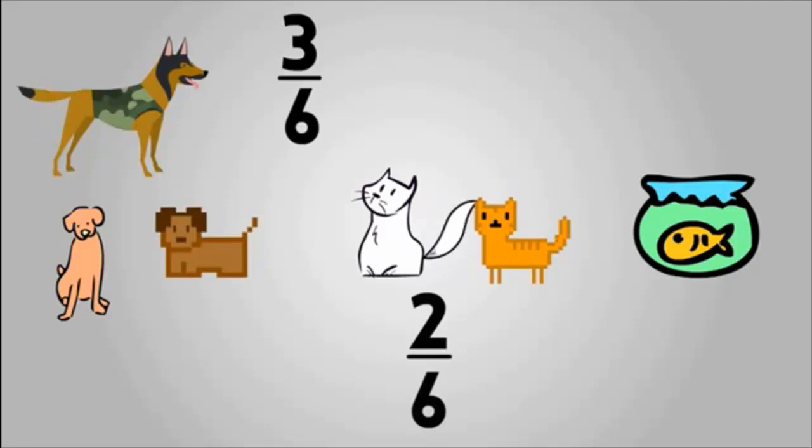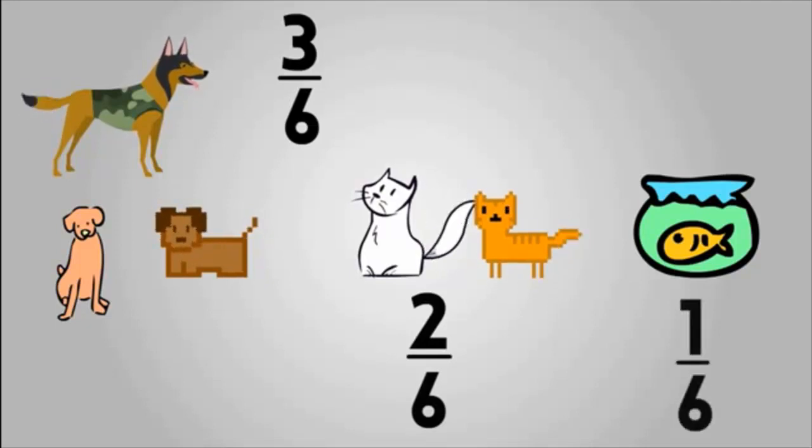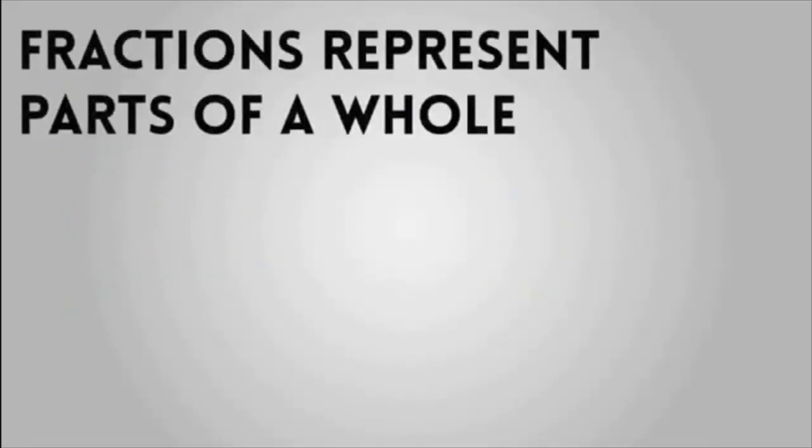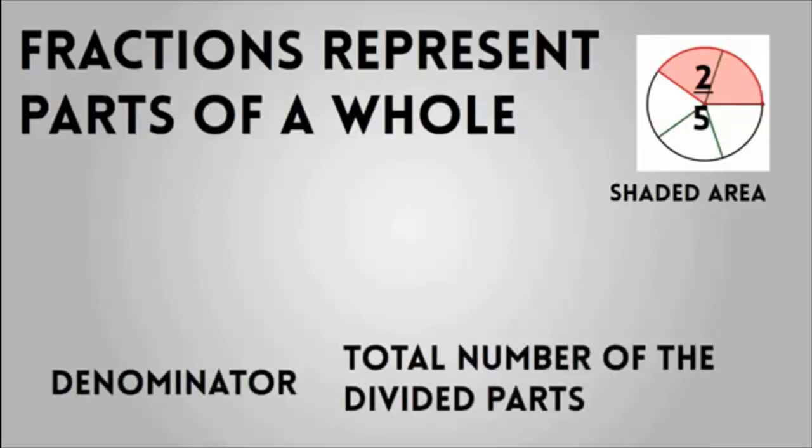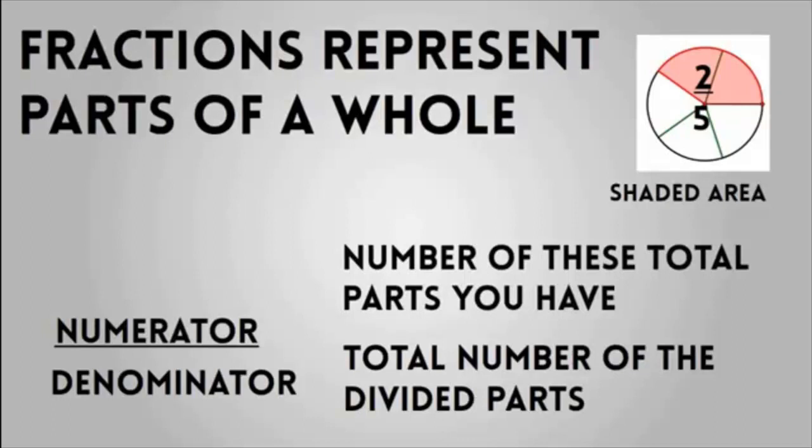You have 2 cats and 1 fish. In summary, fractions are used to represent parts of a whole. A fraction has 2 parts. The bottom number, denominator, represents how many total parts of the object has been divided into. The top number represents how many parts of these you have.